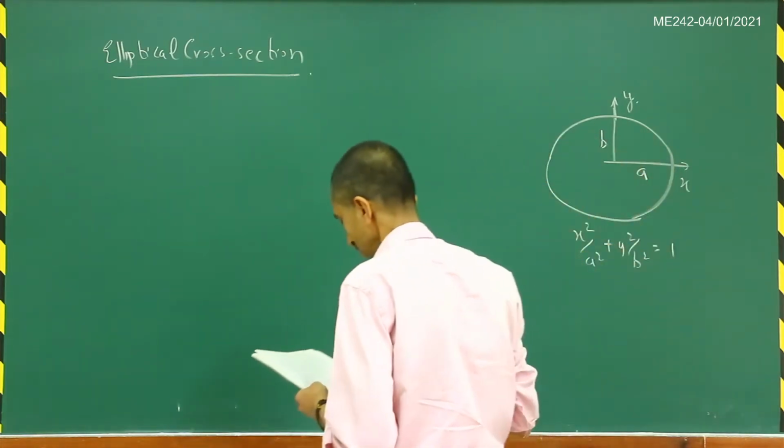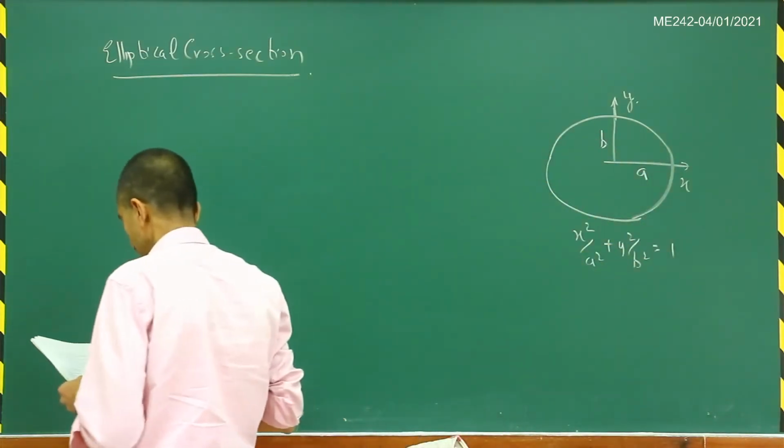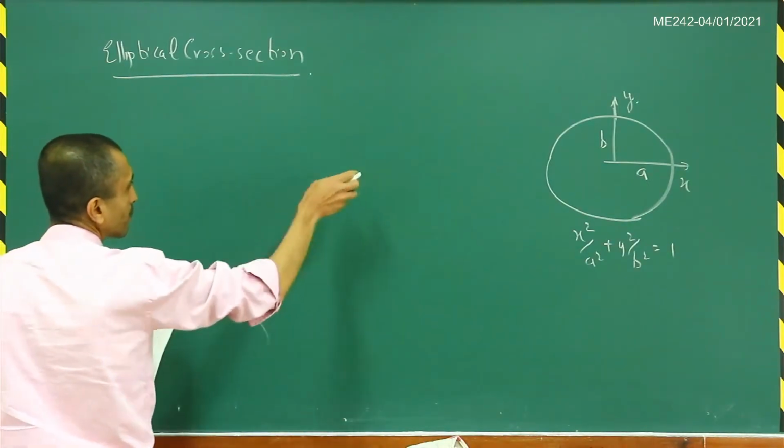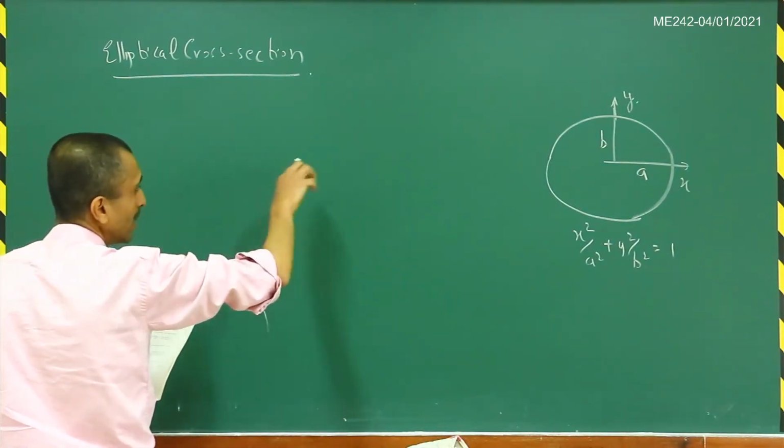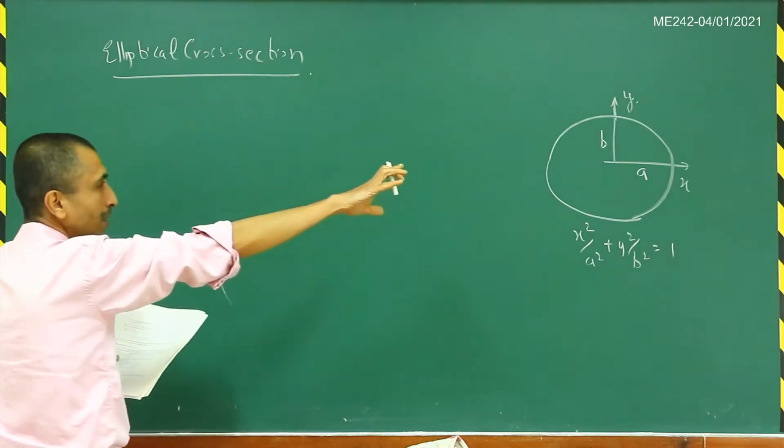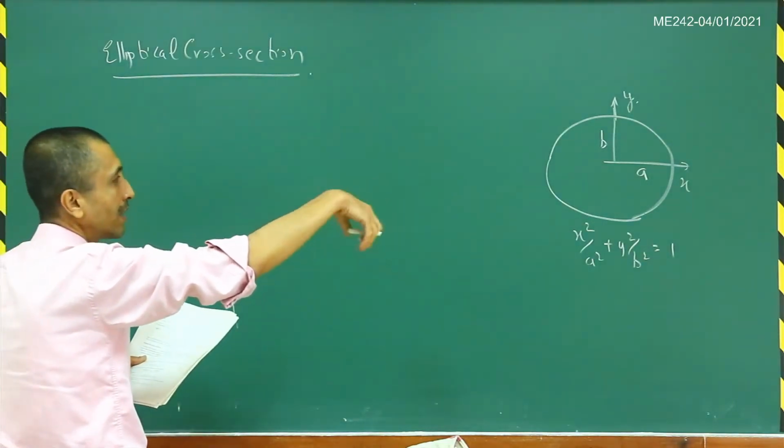This is the equation of the boundary of the ellipse. Let us try to find the warping function, the conjugate function, and the Prandtl stress function.